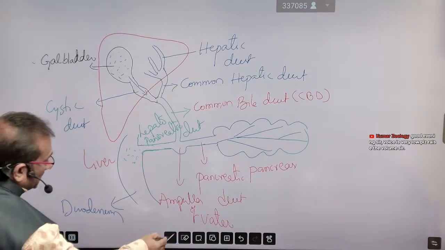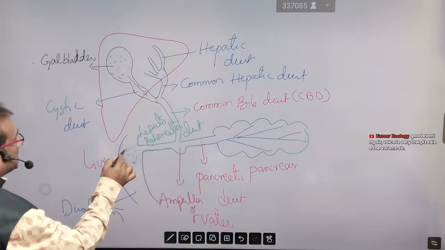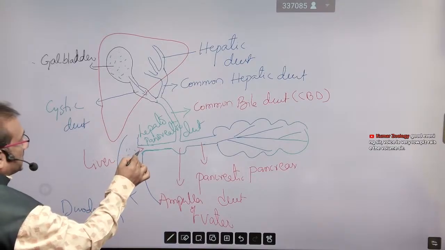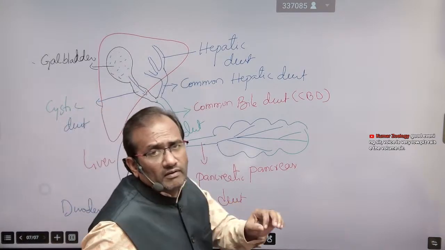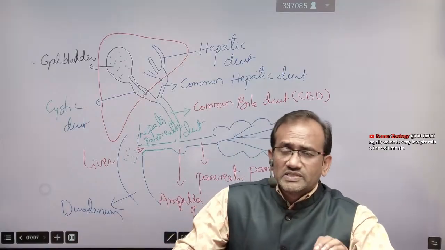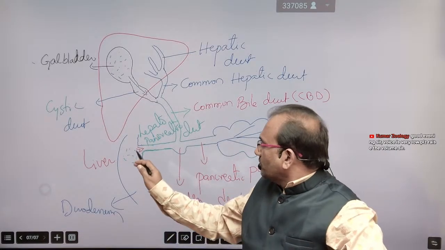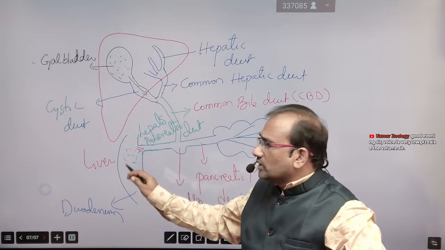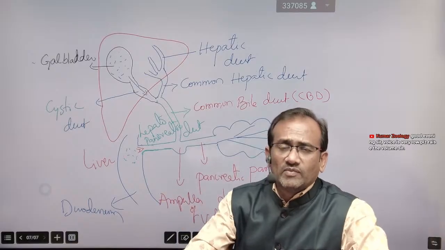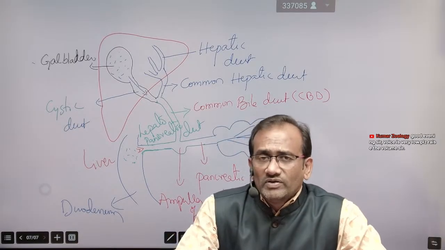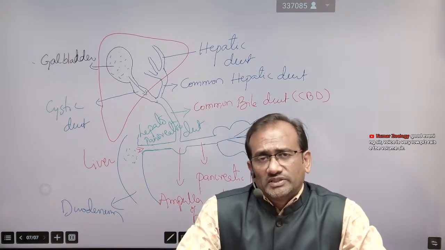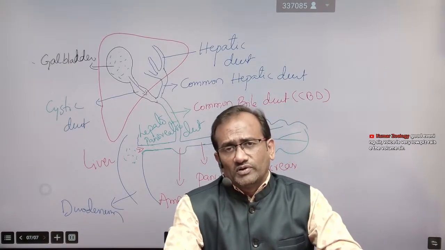But there is another important point here, and yesterday the MSc entrance asked about this valve or sphincter. The sphincter present at the opening of the hepatopancreatic duct into the duodenum, what is the name of that sphincter or valve? They asked this in an examination three days ago.